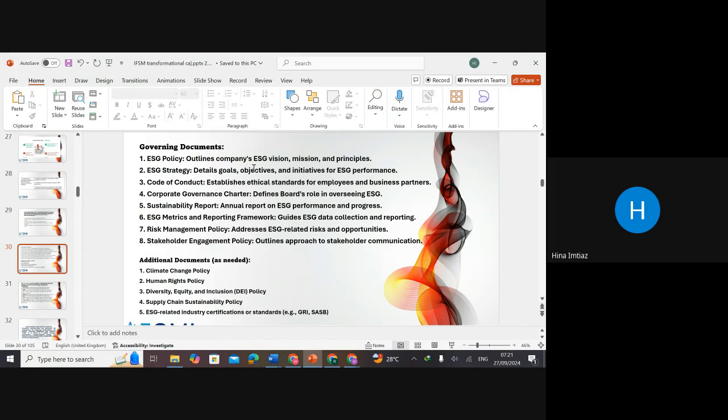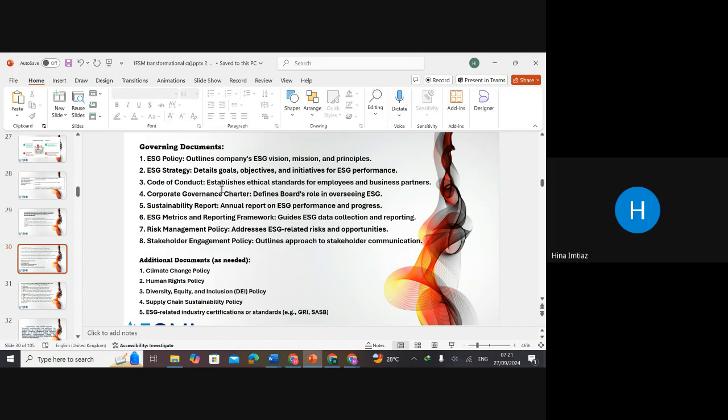The ESG strategy document has the details about the goals, objectives, and initiatives for ESG performance. The code of conduct establishes the ethical standards for employees and business partners.